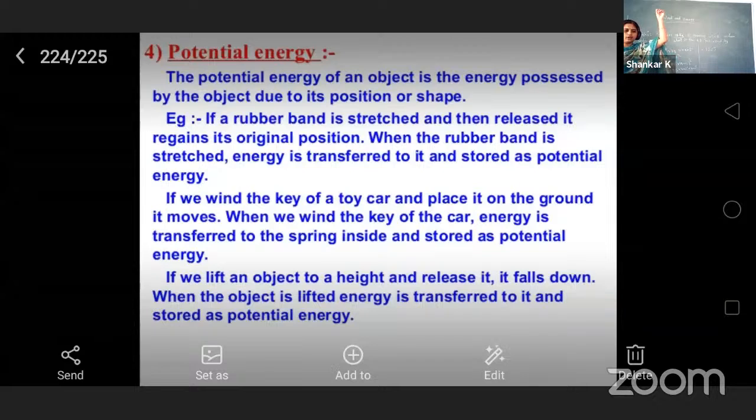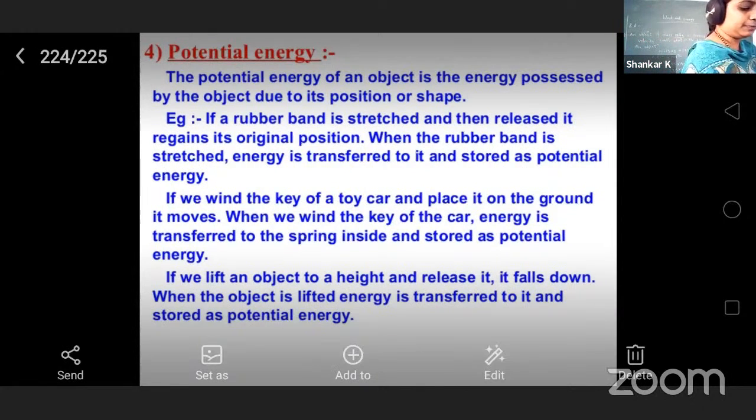So when we lift an object to a height and release it, it falls down. This is another example of potential energy.